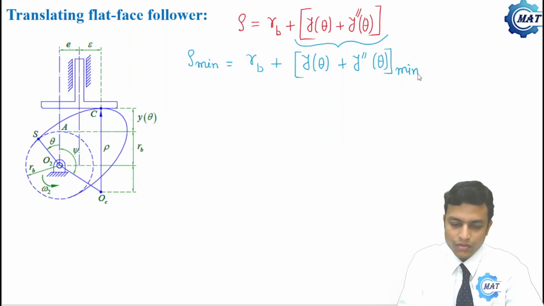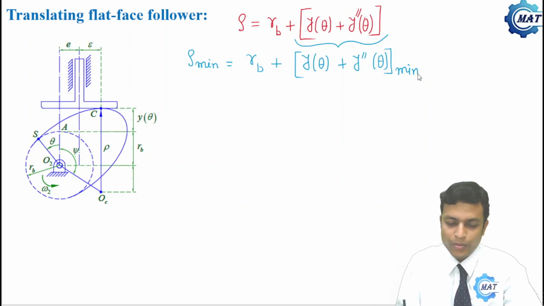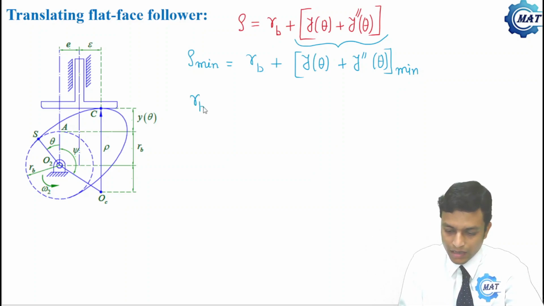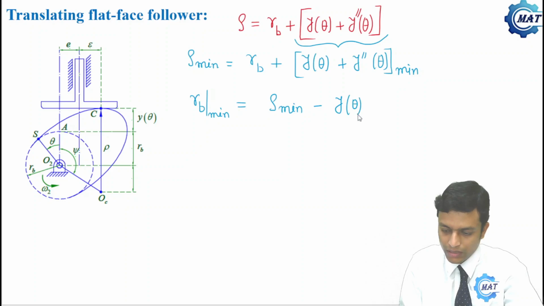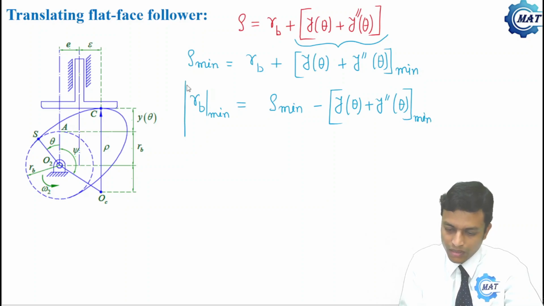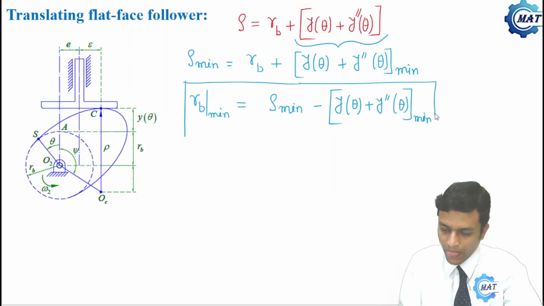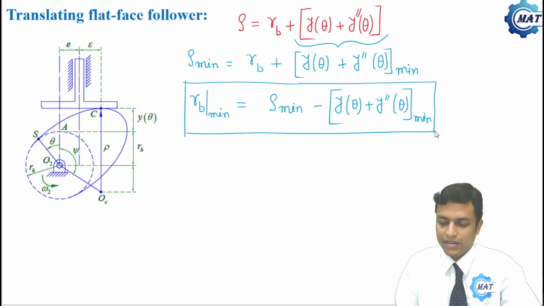So now from this we can get the minimum value of base circle radius, that is RB min. RB min is rho min minus y of theta plus y double prime theta, min. So this is the expression for minimum base circle radius, that is RB min.